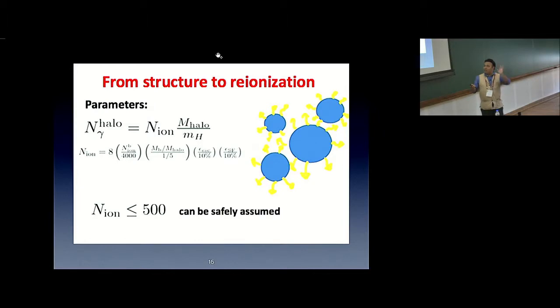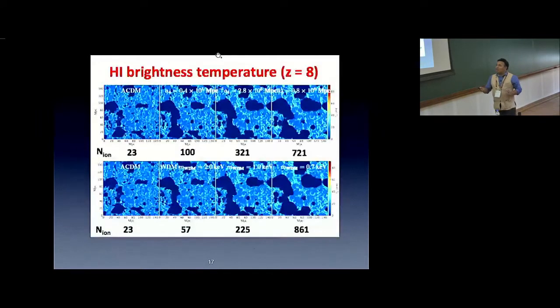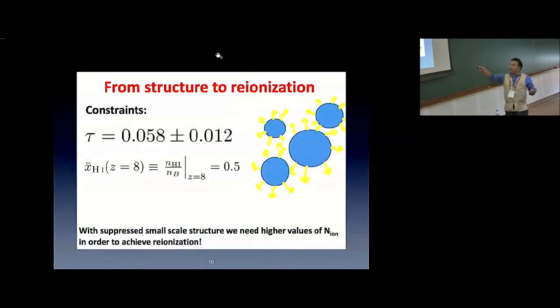So safely, you assume that this is less than 500, and then you have to match your optical depth from Planck, and we demand at a pivot point of reionization, that x equal at z equal to 8, we demand 0.5 ionization fraction. You can change that, then that will change your constraint also.